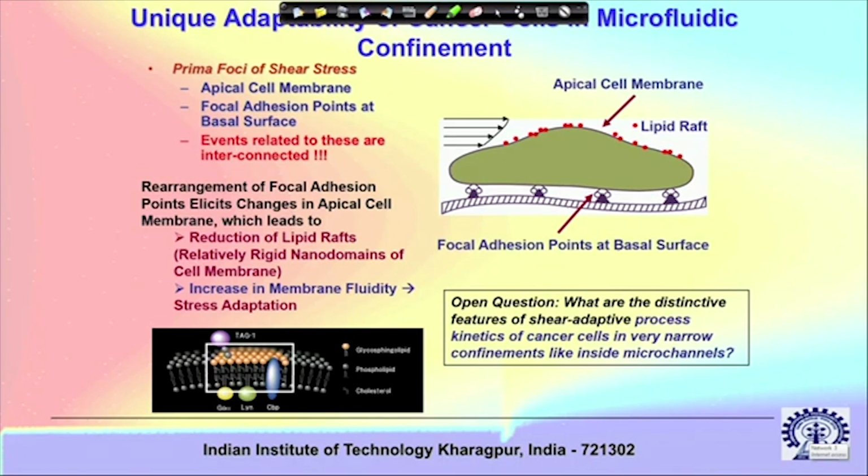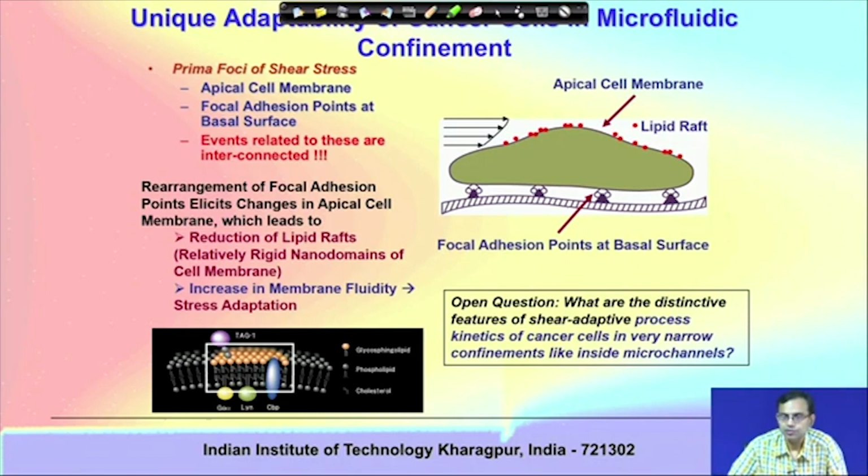The cell membrane could have lipid and also lipid raft, which is a solid type of entity in the lipid. Because of the stress on the cell membrane, the lipid raft tries to hide from the stressful location.